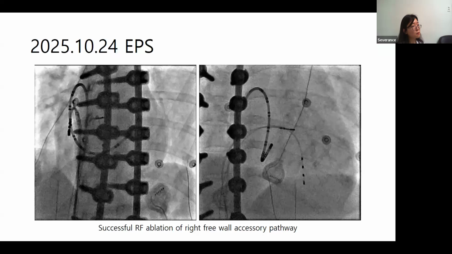Because the right side accessory pathway has a slight oblique course, the locations of the ventricular and atrial insertions are quite apart. So you can estimate and imagine where the accessory pathway is going, and you should search for the right spot of the accessory pathway.